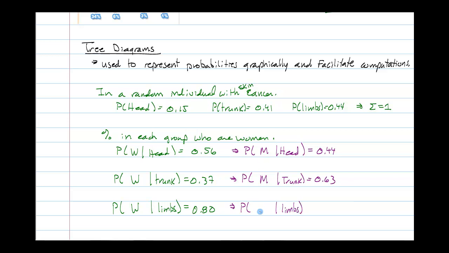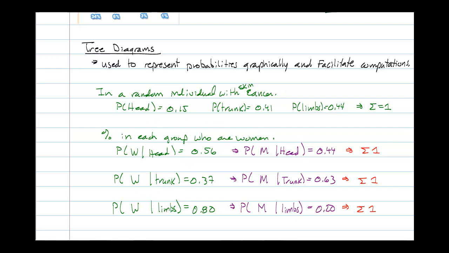I run through all the possibilities for gender, and I'm back to male, and the complement of 80% is 20%. So notice in this particular direction, that's when my probabilities sum to 1. Each of these sum to 1. So each of these is their own little distribution. So from given information, I can determine all these probabilities here in purple. So I'm given some information to start with, and then I can work with these probabilities from here.